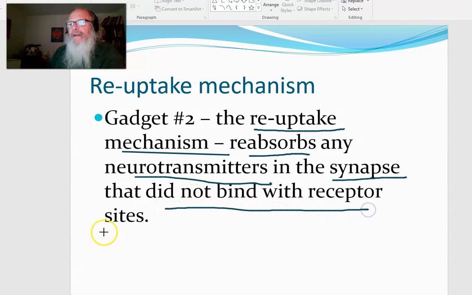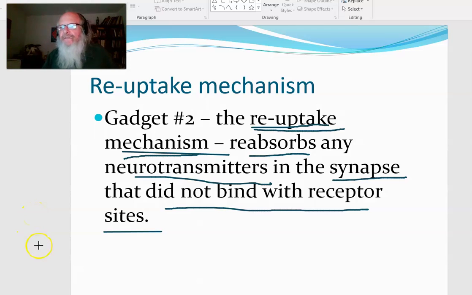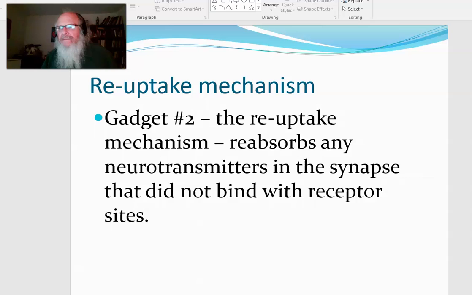Some of them don't bind with receptor sites. And because natural systems benefit by being as efficient as possible, we don't want that material to go to waste. So the reuptake mechanism reabsorbs that stuff back into the neuron that spit it out. That doesn't really show up in our animation, but it's something that happens.